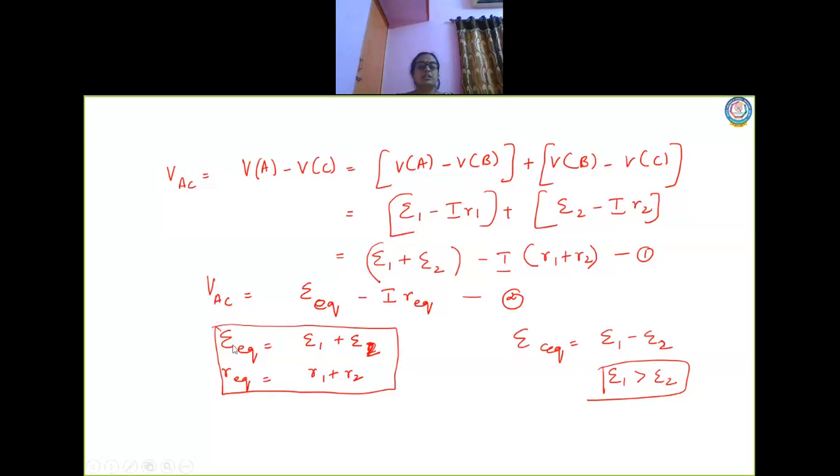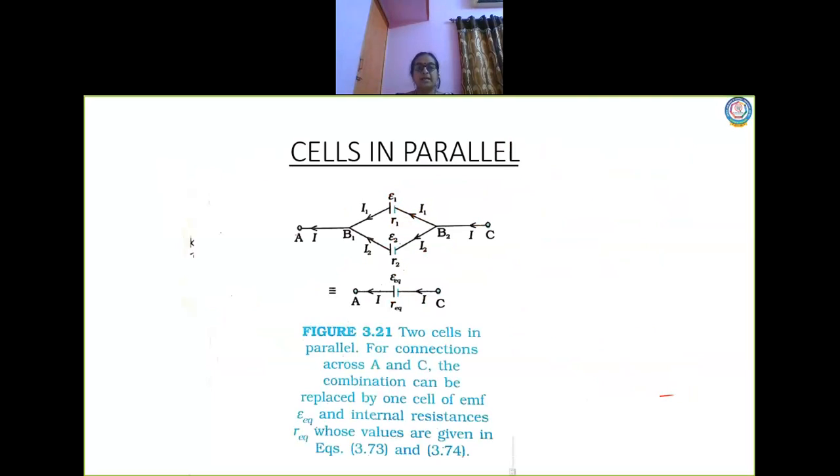Similarly, the equivalent EMF is equal to the sum of their individual EMF. The equivalent internal resistance is equal to the sum of their individual internal resistance. Okay, are you able to understand, children? Yes, clear? Next we are moving on to parallel connection.